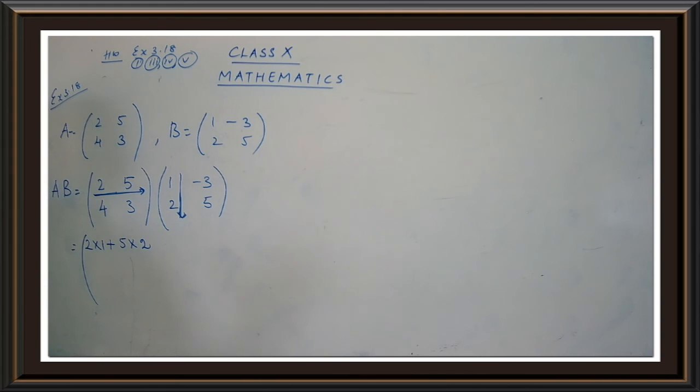It's a new thing you are going to learn, so learn with interest, not with confusion. Whenever we learn new things, we should have some interest, and with interest we can learn fast. So put your whole interest here. First row, first column: 2 into 1 plus 5 into 2.